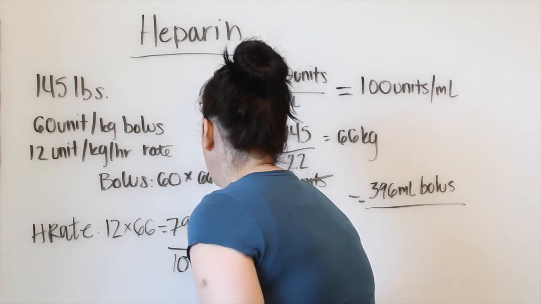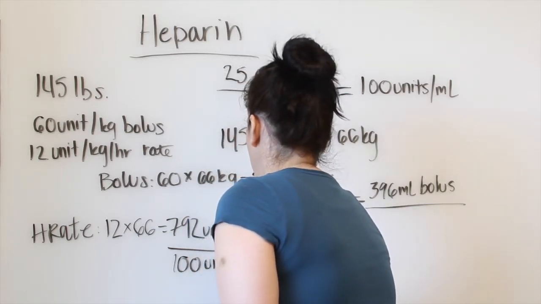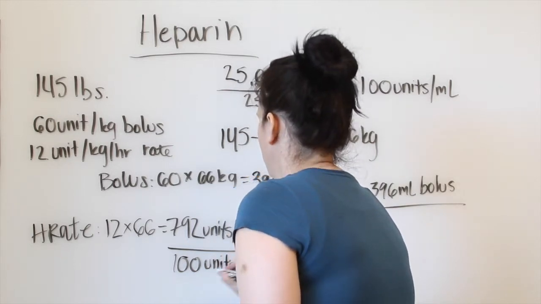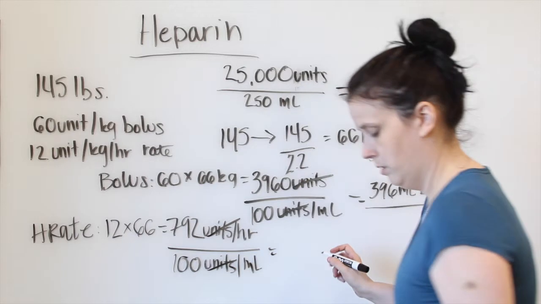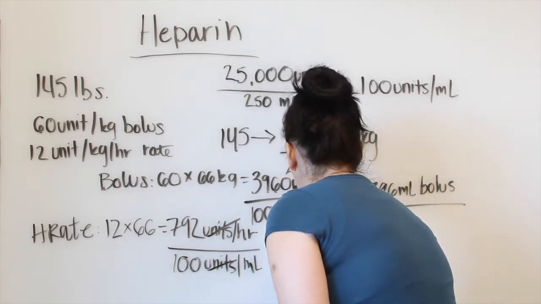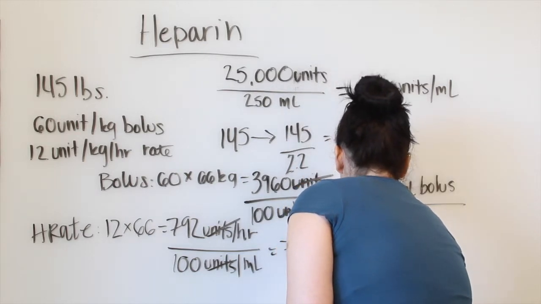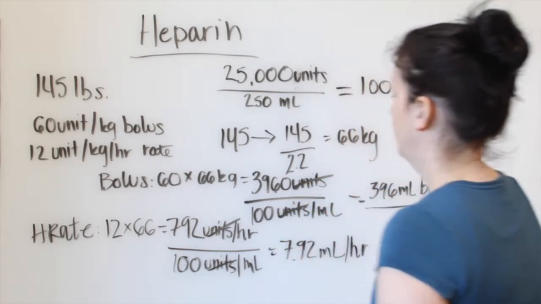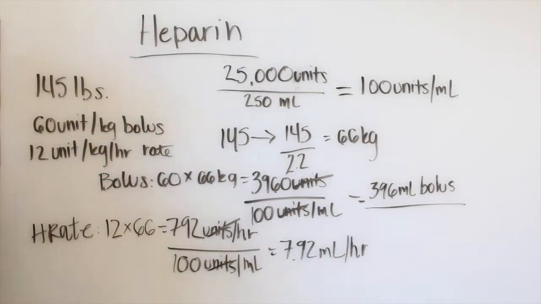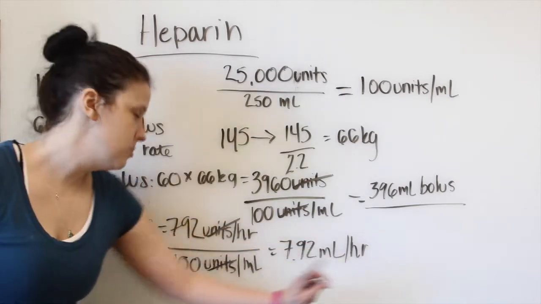So we're going to divide by 100. We divide by 100 because that's what we have available in the pharmacy, and we get 7.92 milliliters per hour.